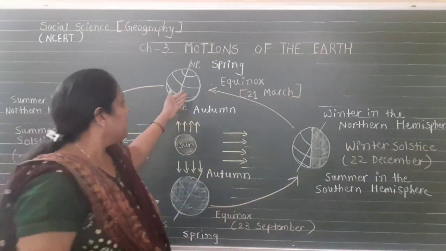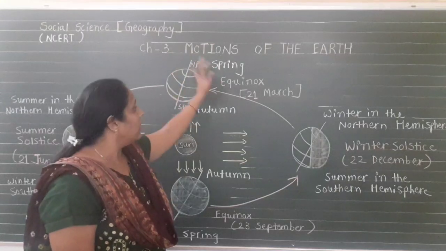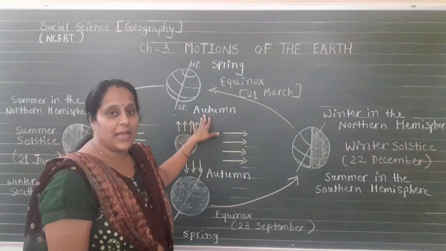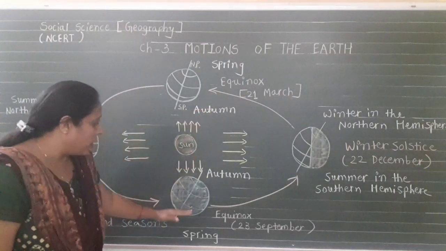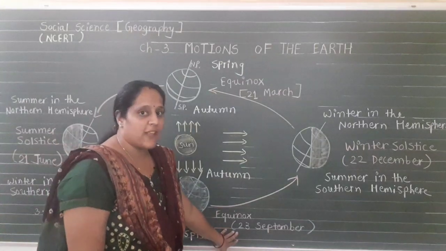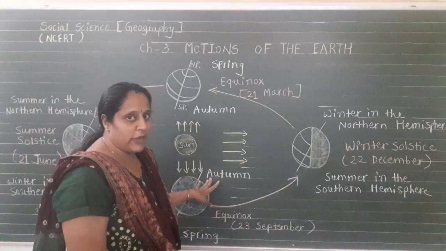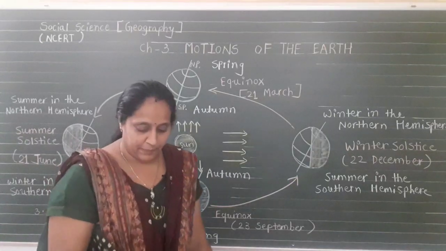For example, in the northern part, this is the northern pole, here they feel spring season, and in the southern portion there is autumn. Fine. On the opposite side, on 23rd of September, they feel autumn season in the northern hemisphere, and in the southern hemisphere there is a spring season.